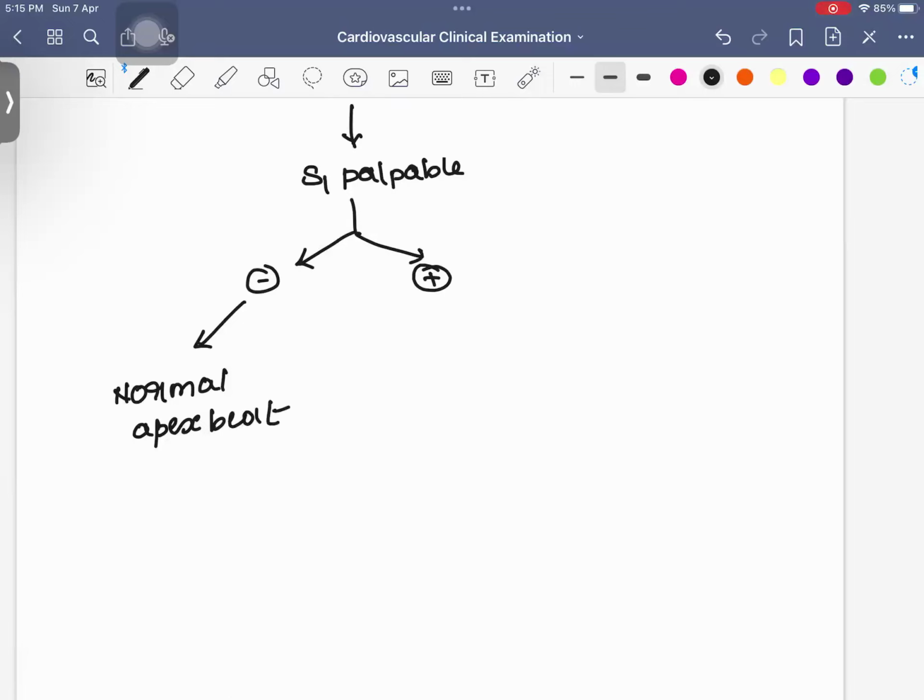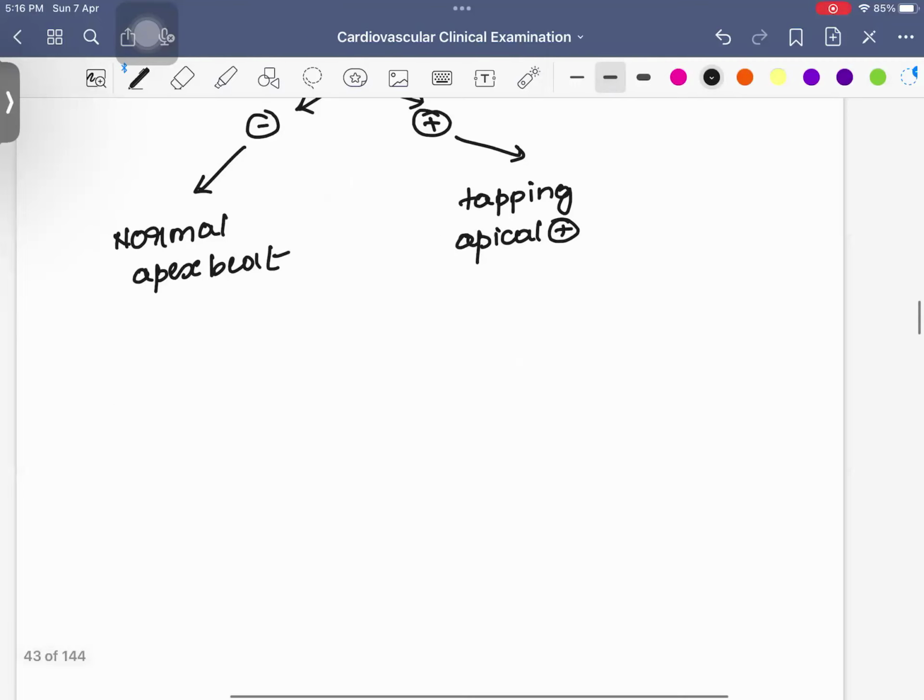When S1 is palpable, it is a tapping apical impulse, usually seen in mitral stenosis.